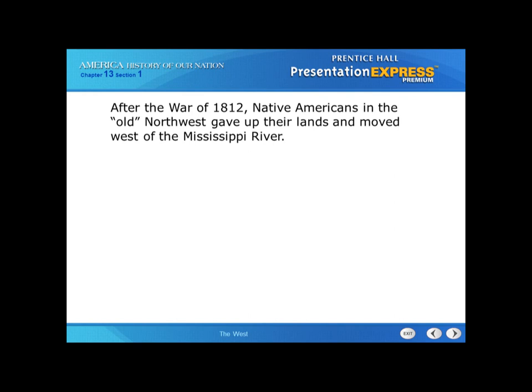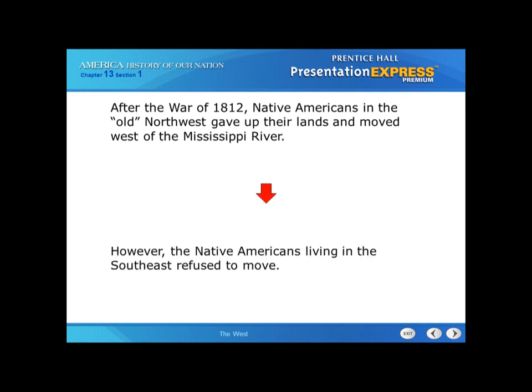When you think about the Treaty of Paris that settled the American Revolution, again, land east of the Mississippi River was given to the new American government, of which Native Americans didn't always find a place in that. So again, after the War of 1812, some years later, Indians are being pushed west of the Mississippi River.